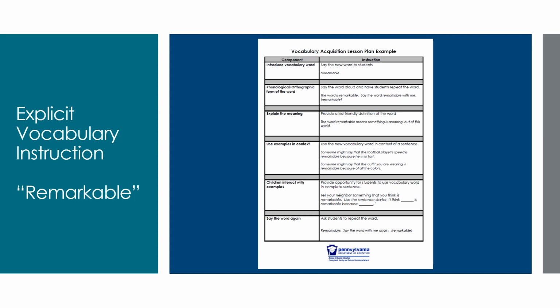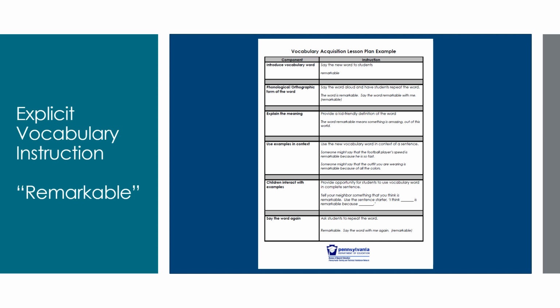Step 4. The teacher uses the example in context of a sentence. Someone might say that the football player's speed is remarkable because he is so fast. Someone might say that the outfit you are wearing is remarkable because of all the colors. Step 5. The students now interact with an example and use the story frame.